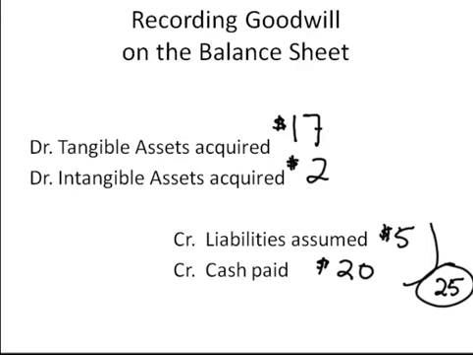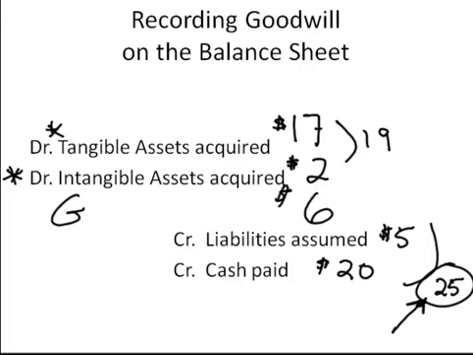That would be the reason why a company is willing to pay $25 when all it's getting in terms of identifiable land, buildings, machinery, and equipment is 17. Identifiable intangibles, patents, trademarks, and copyrights might only be 2. The reason we would pay 25 when we can identify only 19 is that there must be an additional 6 in value. That value is what we call goodwill. In terms of the journal entry, this is just a plug.